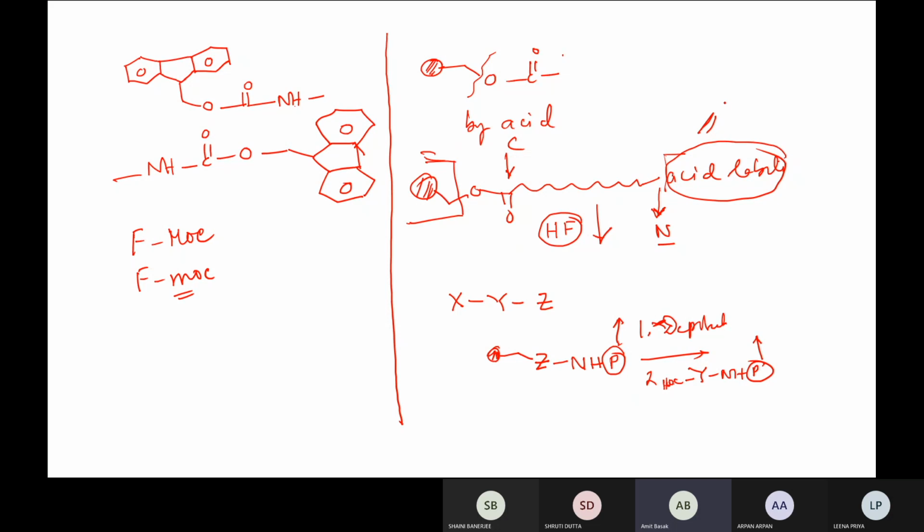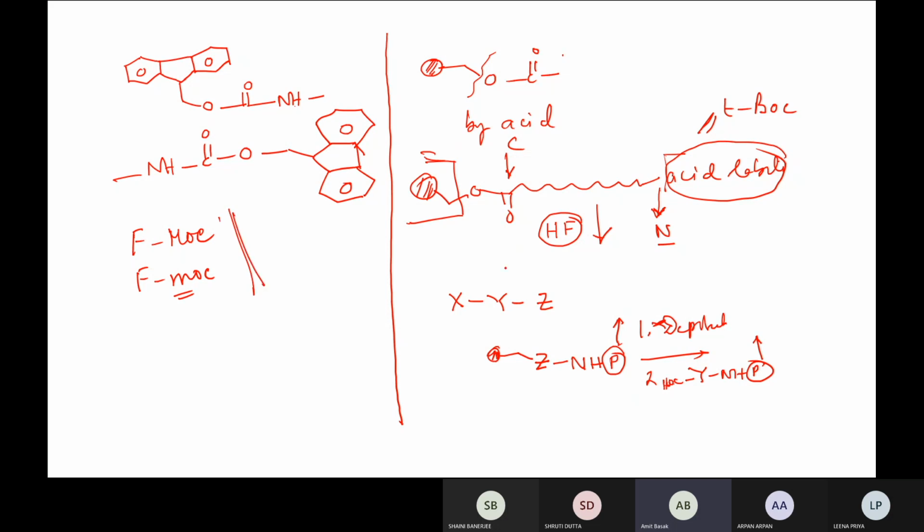This is usually the T-BOC that comes off with acid, and this is attached to the resin. In between, you have to use other protecting groups for the protection of the amine. So what type of protecting group will this be for solid phase?